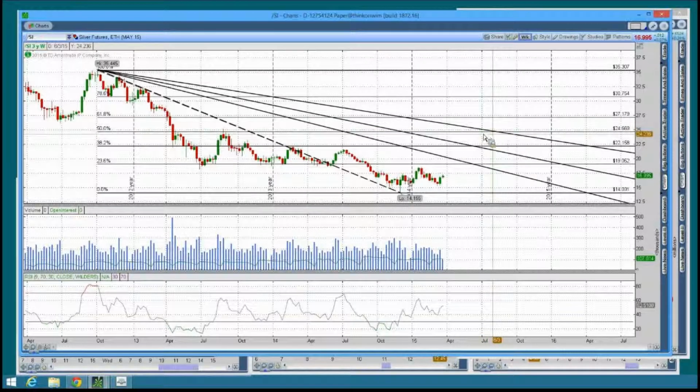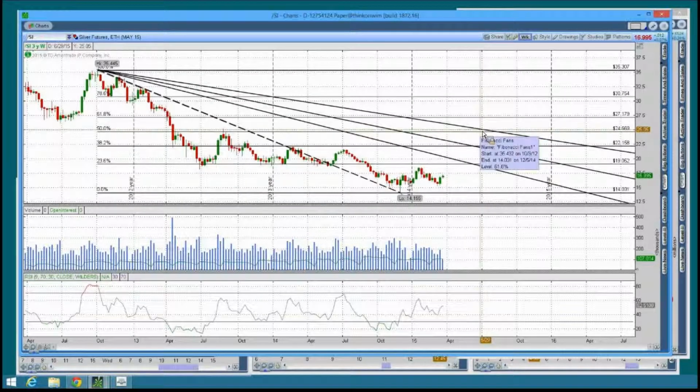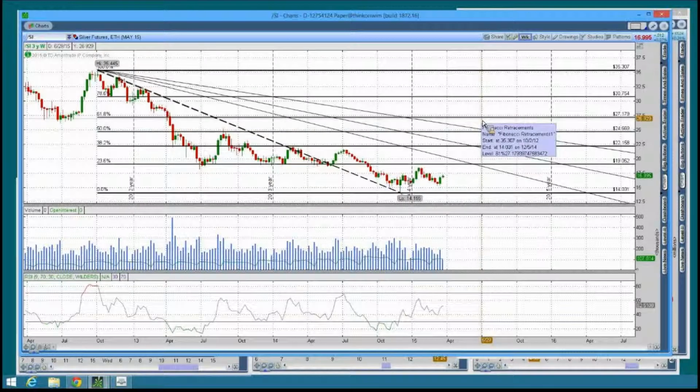Breaking above the 24.66 to 25, I think we could be activating a move up towards that golden ratio target zone, which is the 27.17, $27.17 per ounce. And if we can challenge the 78.6% retracement, you're looking at about $30-31 for the silver market.